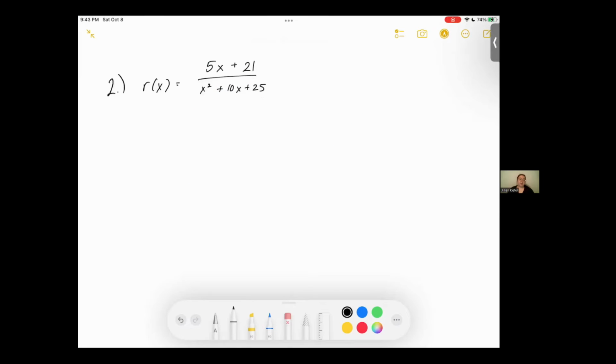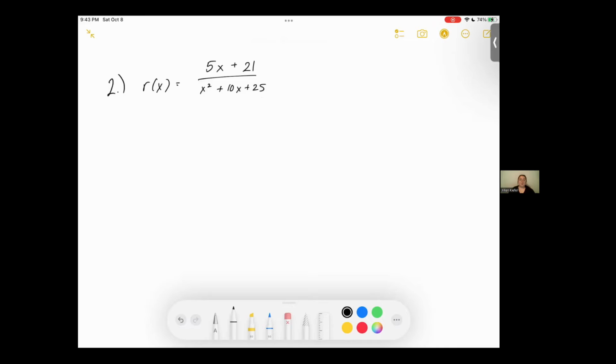All right, so here we are with problem 2. We have our rational function 5x plus 21 divided by x squared plus 10x plus 25. Like we said from our last slide, our very first step is to see if we can factor anything. Our numerator is 5x plus 21.